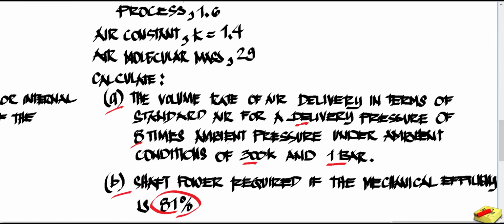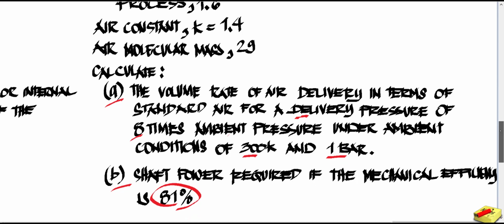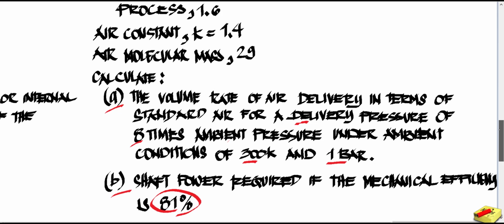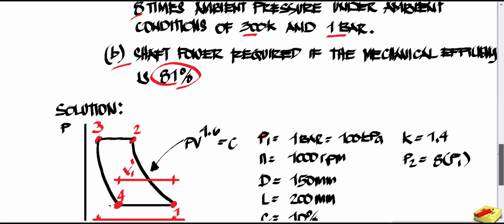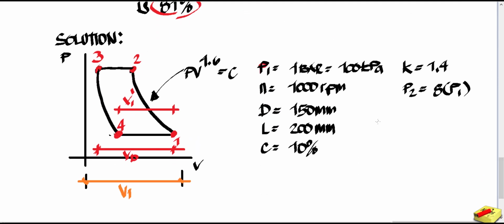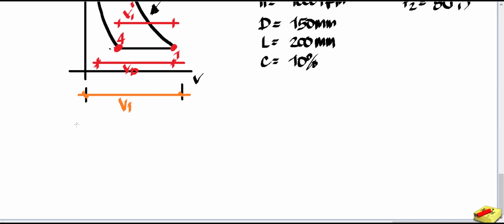Now, for the question number A, we're looking at delivery in terms of standard air for delivery of pressure of 8 times. So the volume rate of air delivery in terms of standard air. What we're looking for here is the volume prime or volume V1 prime. So for the question A, we're looking now what will be the V1 prime.